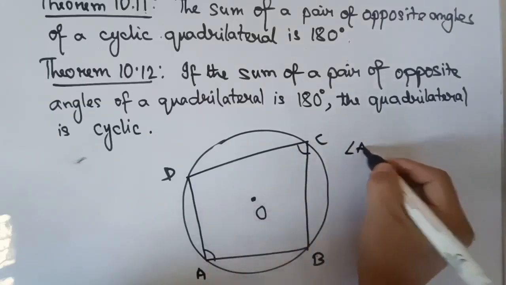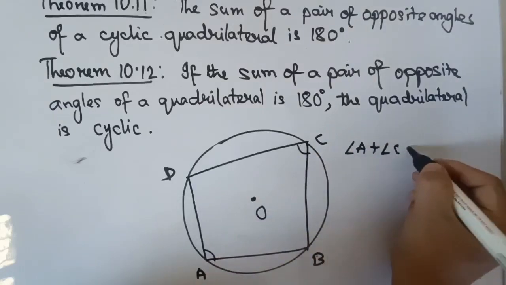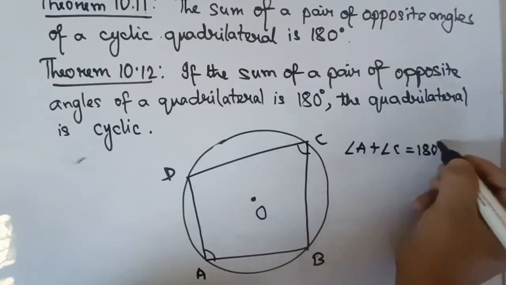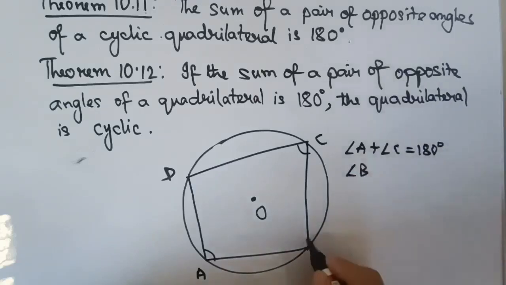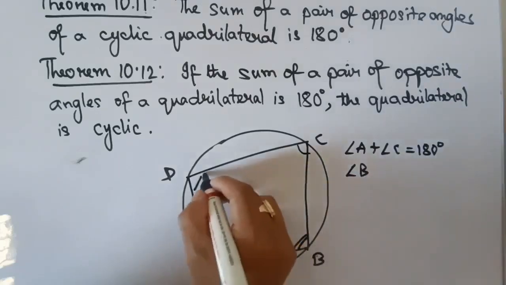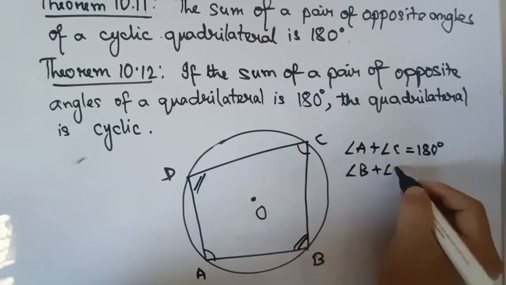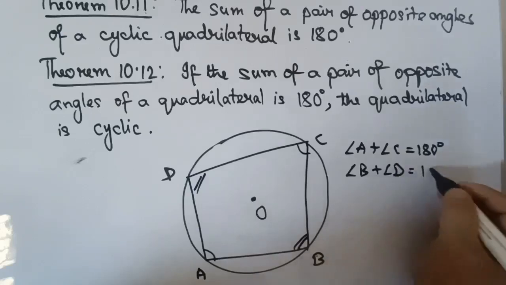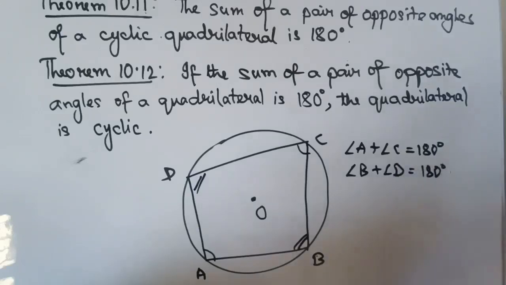That is, angle A plus angle C is 180 degrees, and angle B and angle D add up to 180 degrees.